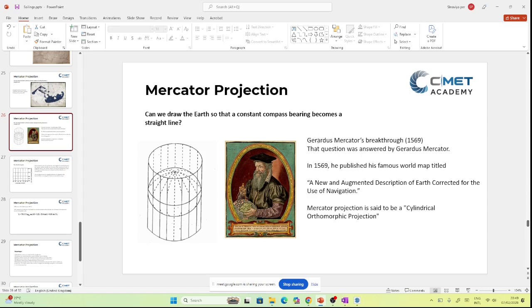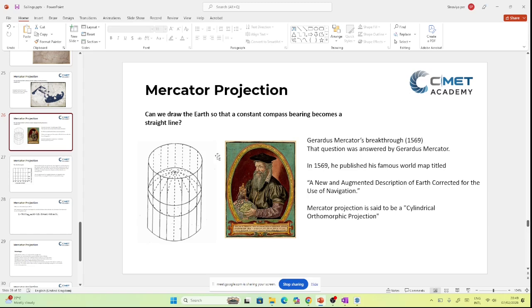His actual name was Gerardus Kramer, but there was some mix-up between Latin and his name. If you are interested in the history, you can go and find out more about Mercator. He came up with the answer in 1569, with the Mercator projection.